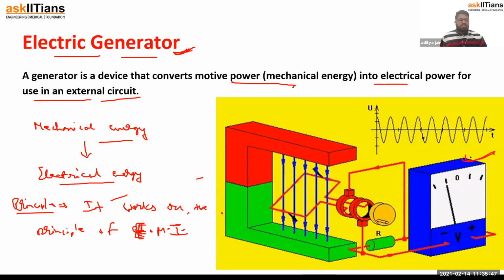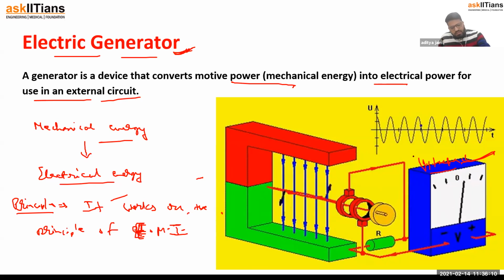This voltmeter gives the reading of potential difference. So due to the movement of the coil in the magnetic field, you are getting some deflection or reading in the voltmeter, which shows that a current is produced with the help of the process known as electromagnetic induction.